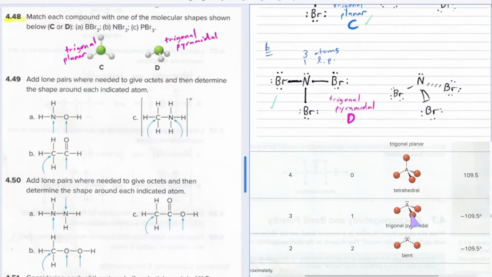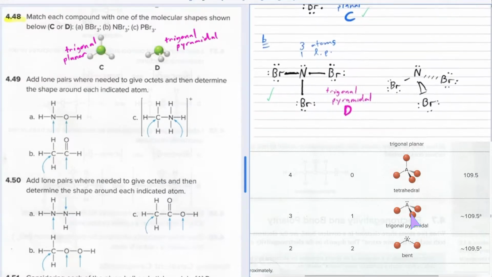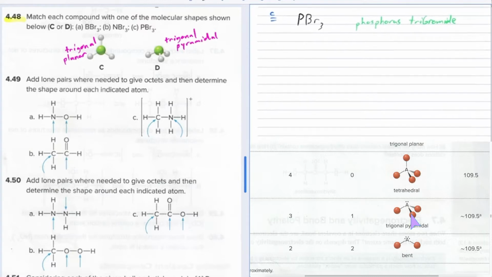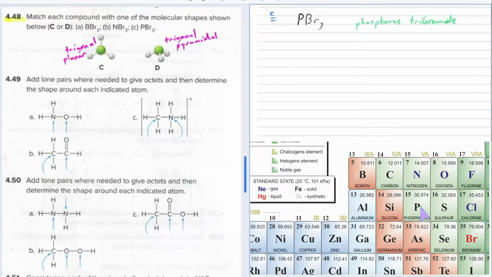What was the last name? The last name was nitrogen tribromide. Now we've got phosphorus tribromide. So phosphorus is kind of like nitrogen. It's also in group 5.